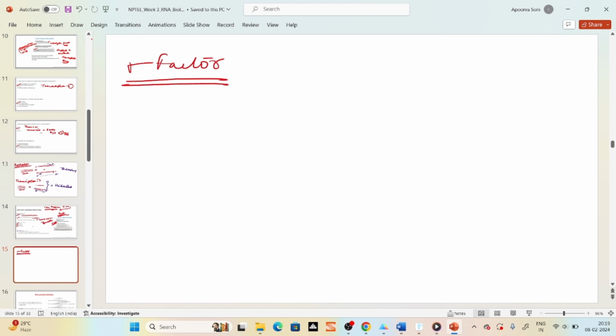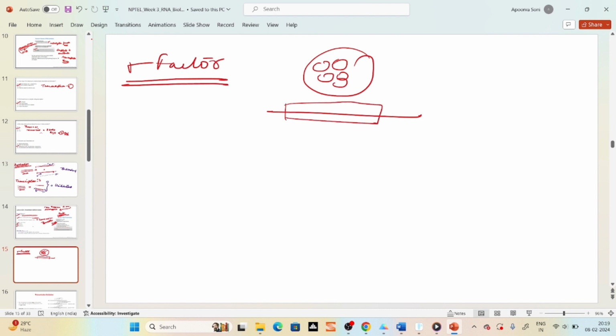Why is the sigma factor important? These are your different RNA polymerase subunits. I'm not counting the number of subunits here. This is your DNA template. This is the promoter region. Now in this promoter region, this RNA polymerase has to come and bind. It cannot just come randomly, and it cannot just sit anywhere in the promoter.